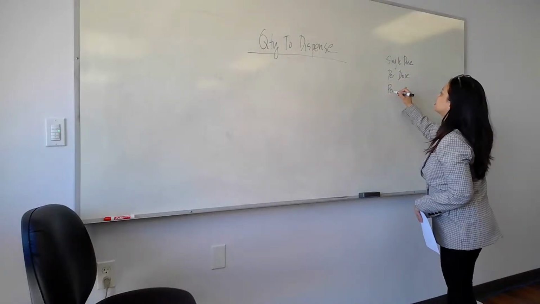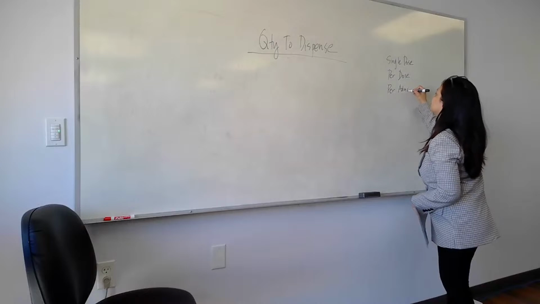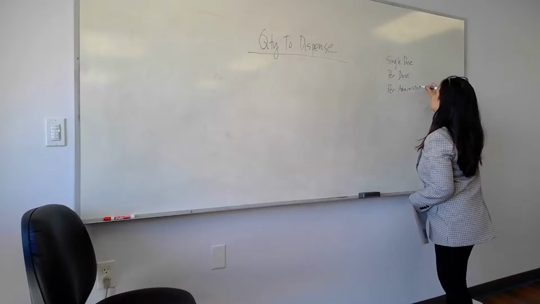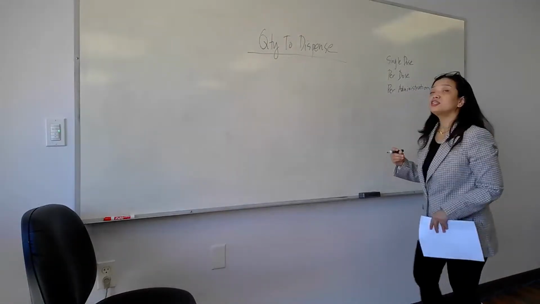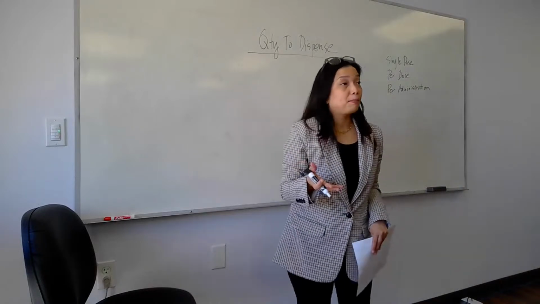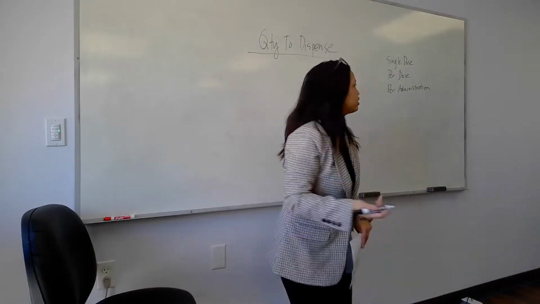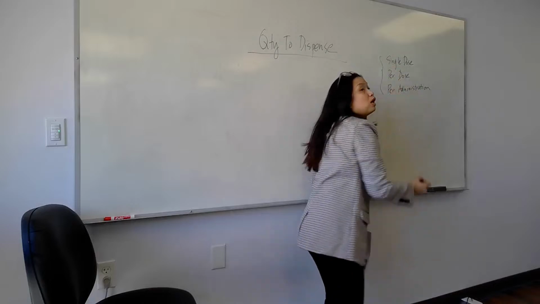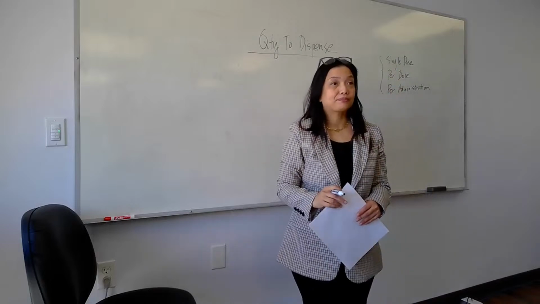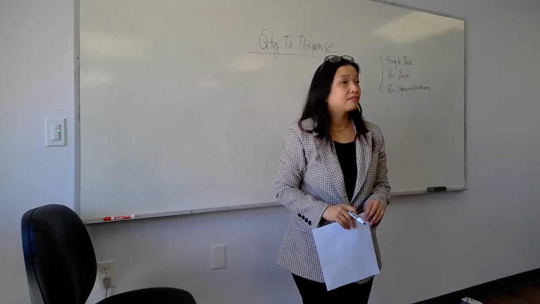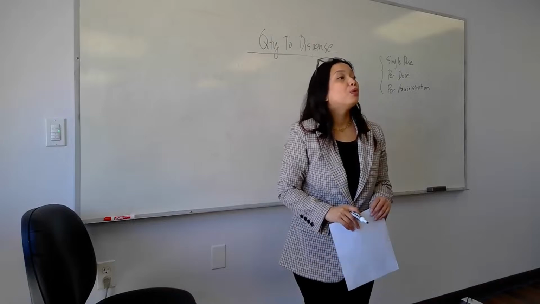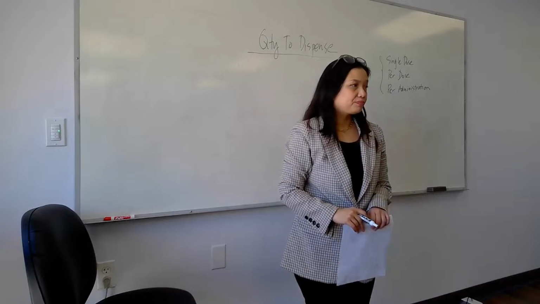And it's the same as per administration. So on a test, they may say calculate the amount of drug per dose. Calculate the amount of drug per administration. These are all one and the same. Is that clear? I want you to know what you're going to be faced with.